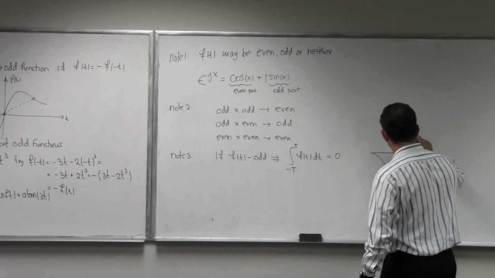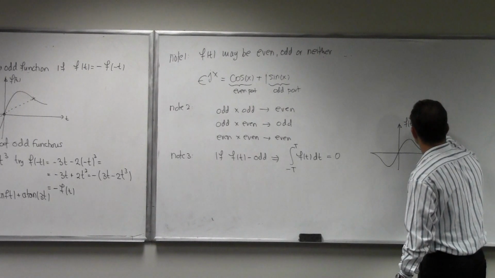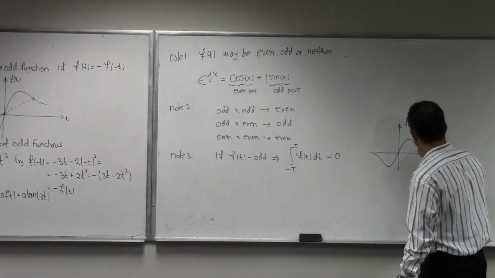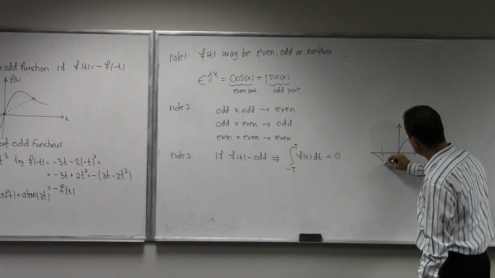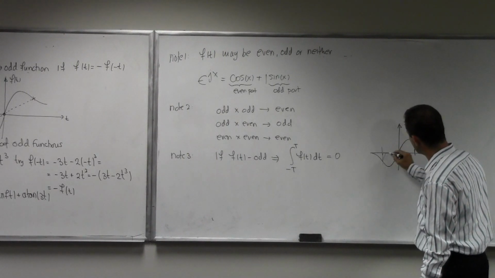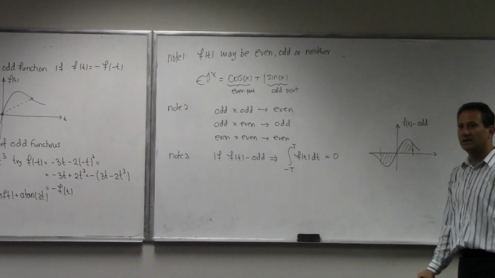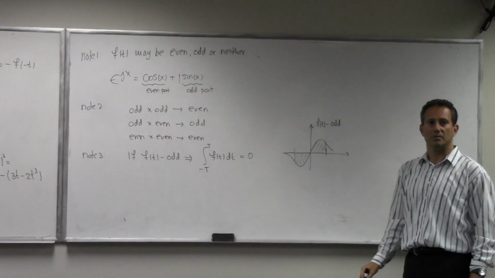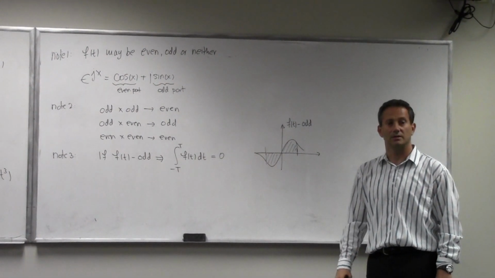Let's look at this. Is an odd function, right? F of t, and it's odd. So here's what I'm doing. I'm having symmetrical borders, and then I'm integrating in the symmetrical borders. You see that whatever I accumulate on one side, I cancel with the other side, because f of t is minus f of minus t, right?